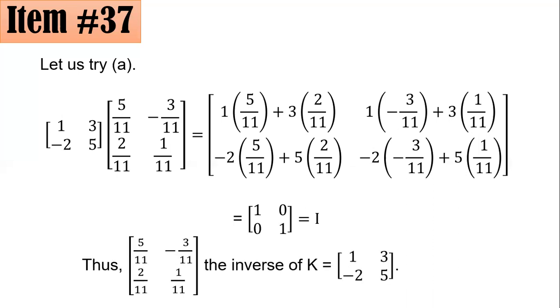Since the product of K and the matrix in option A results in the identity matrix, we could say that option A, with elements 5/11, -3/11, 2/11, 1/11, is indeed its inverse. Letter A.